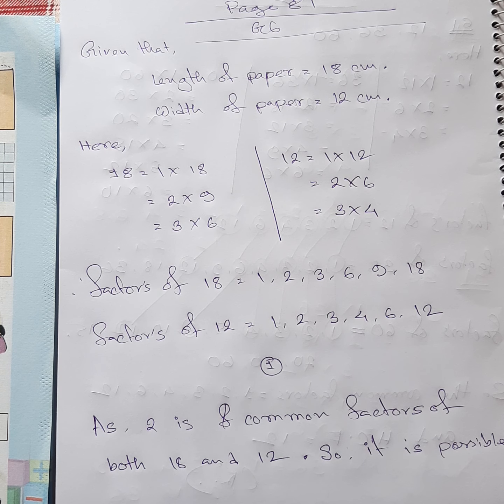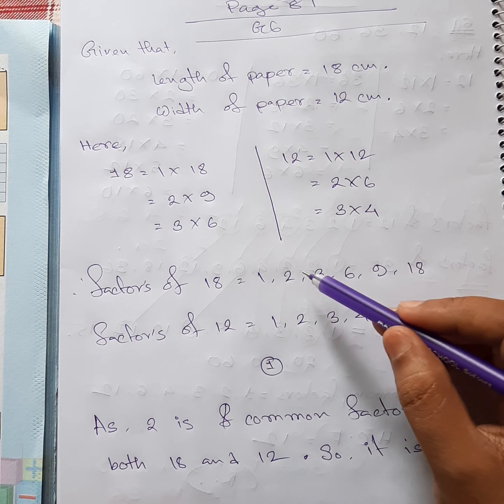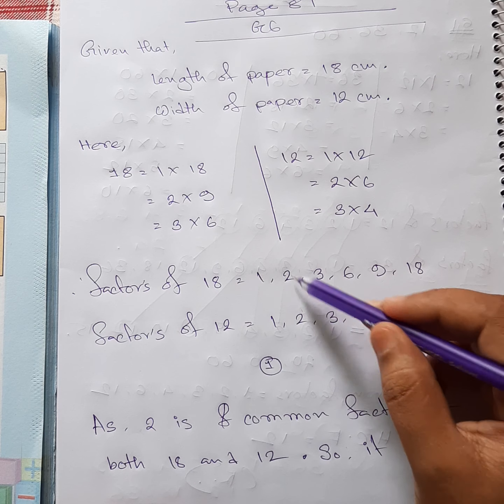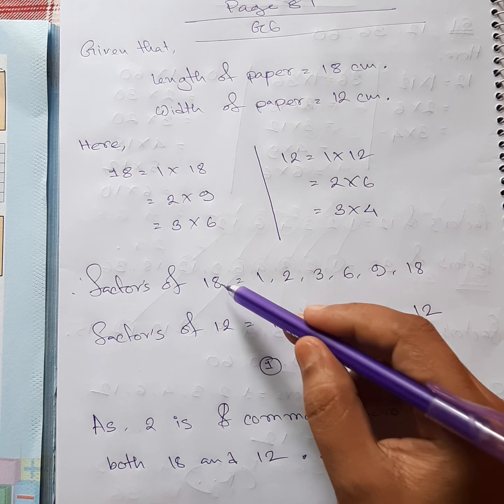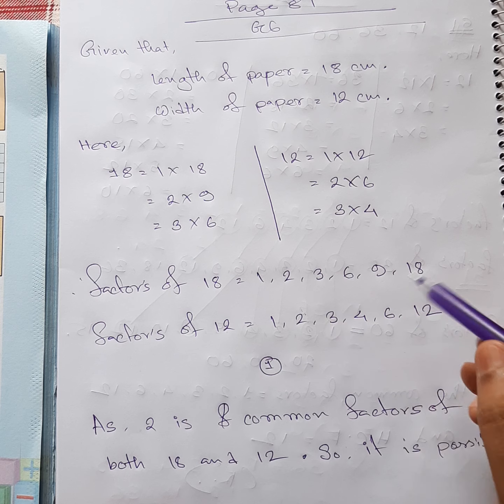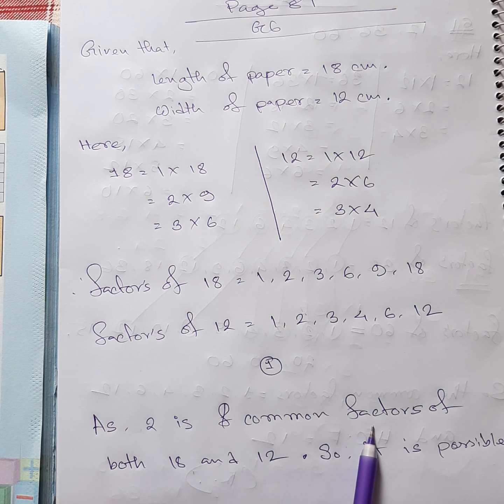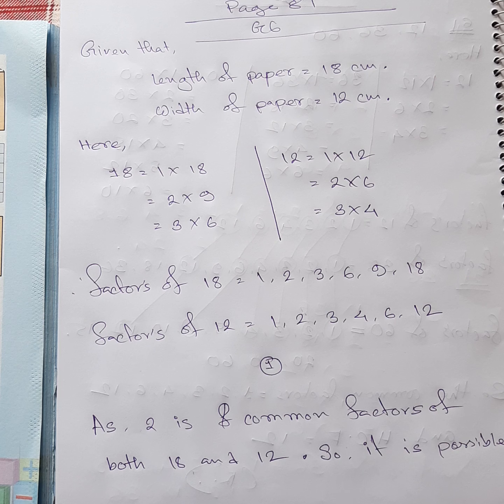Is it possible with 2 centimeter to spread squares of 2 centimeter or not? You can see that 2 is common in the factors of both 18 and 12. That means it is possible. As 2 is a common factor of both 18 and 12, it is possible. I just wrote that much.